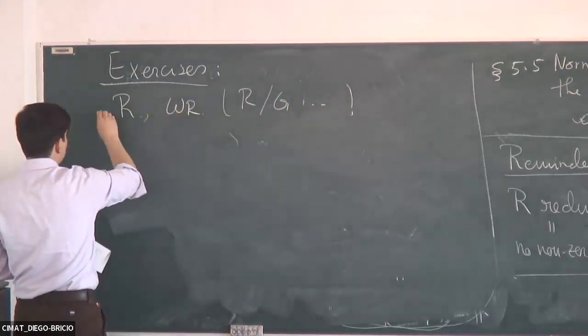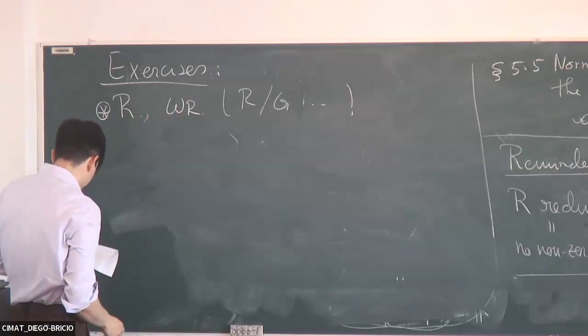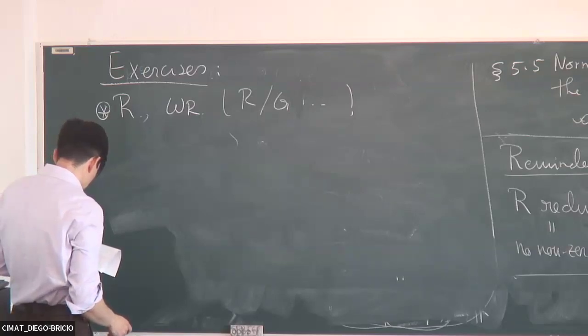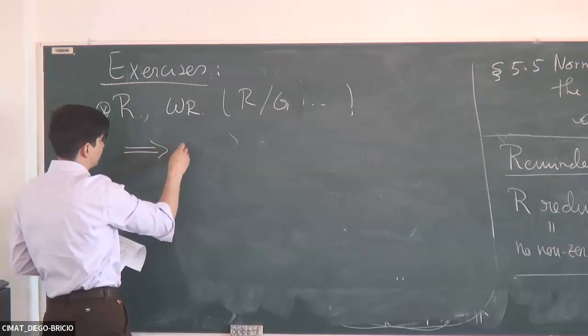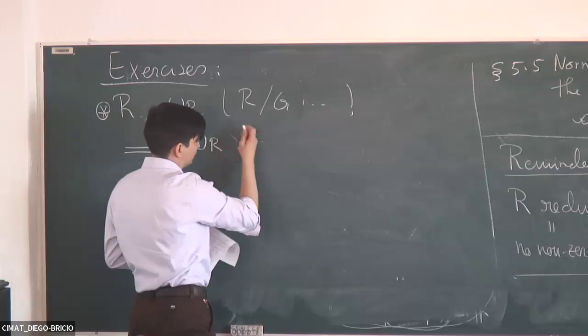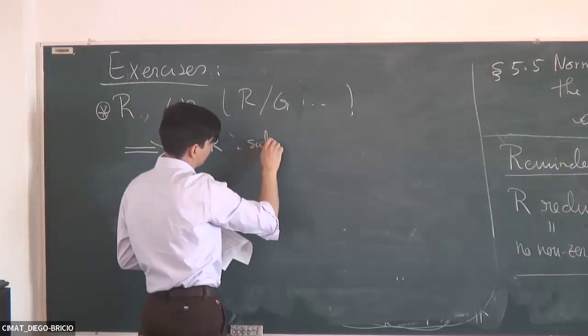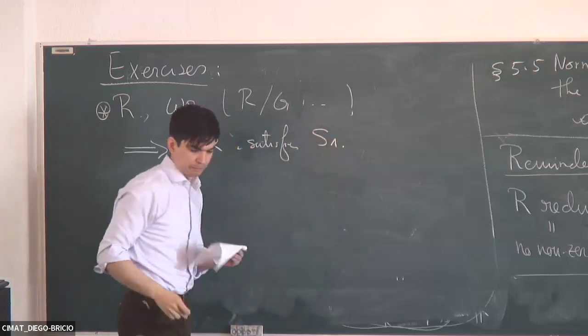Let's just assume that R admits a canonical module. The first thing I want you to prove is that omega R satisfies S1.